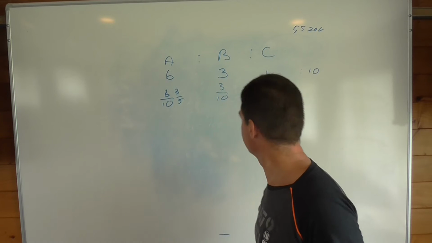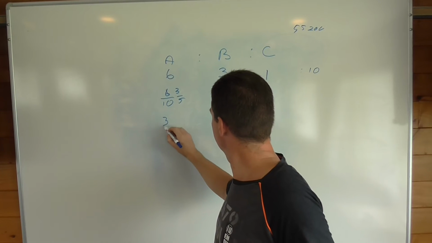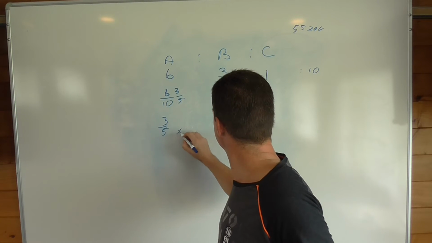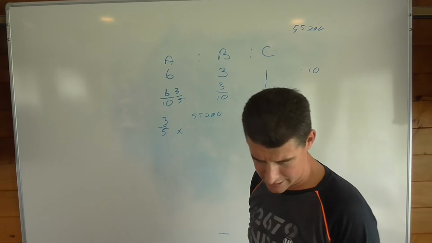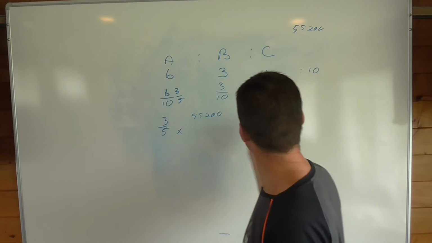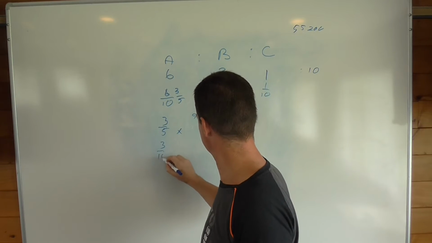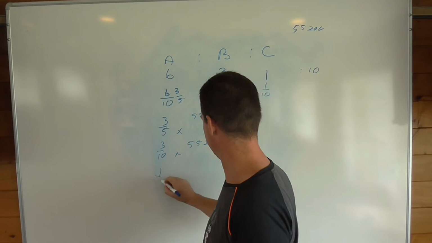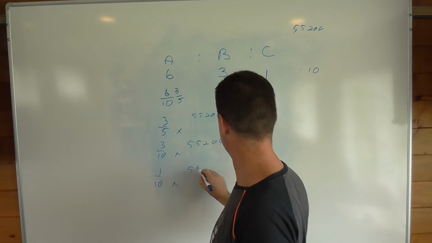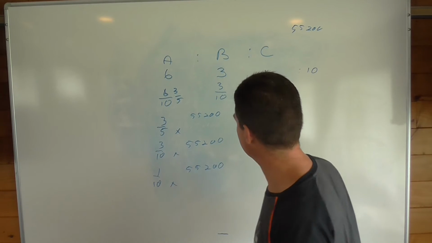Okay, yeah, so A will be 3 over 5 times 55,200. B will be 3 over 10 times 55,200, and C will be 1 over 10 times 55,200.